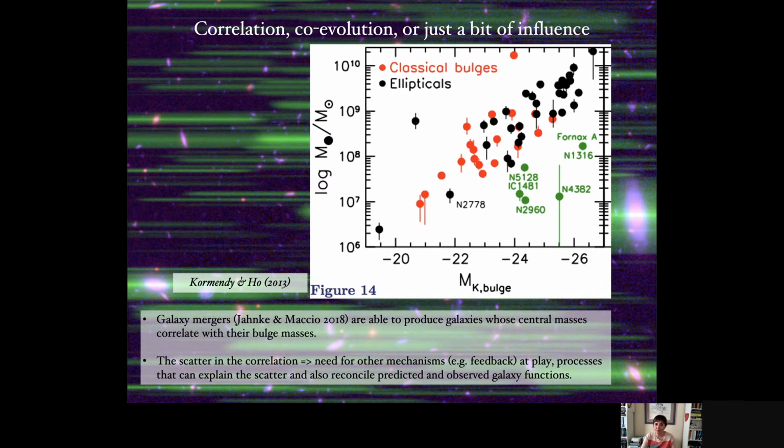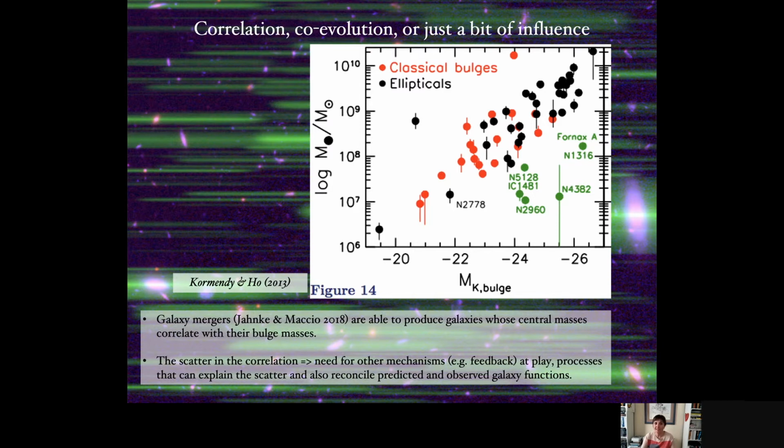And while galaxy mergers can explain this correlation, the scatter in the correlation, which is larger than measurement errors, reflects a need for other mechanisms such as feedback, the exchange of energy between either the growing supermassive black hole or the star formation processes.